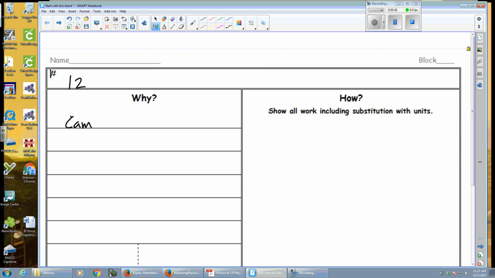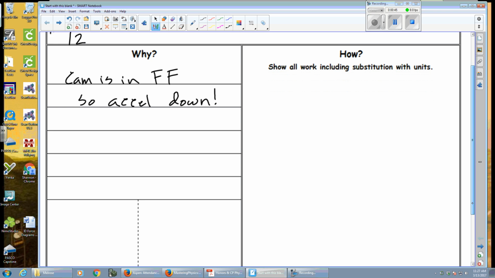Camera is in free fall. So accelerating which way? Accelerating downward. Excellent. That's about all you need to really write.